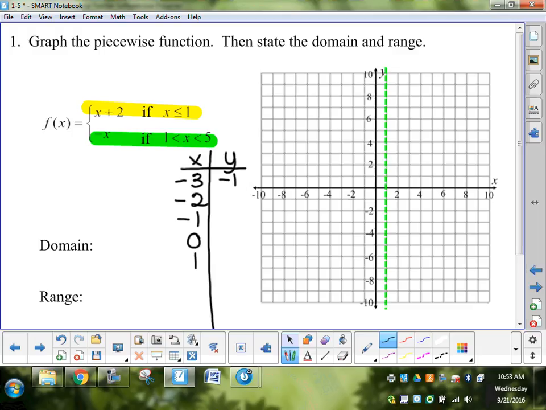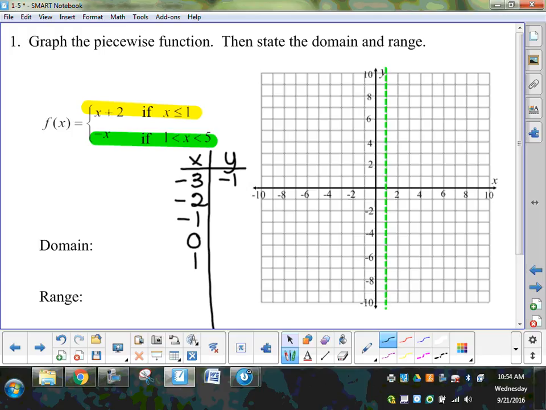Negative 2 plus 2. What's that going to give you? 0. Jessica, what do you get when you plug in a negative 1? John Paul, what do you get when you plug in a 0? And a 1 is going to give you a 3.